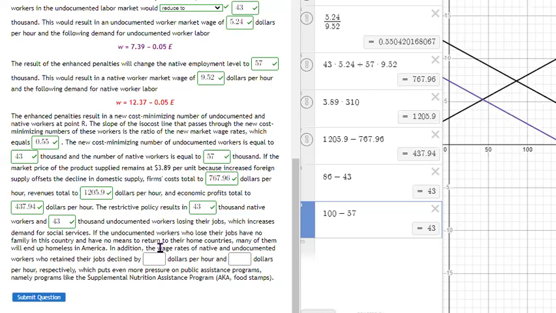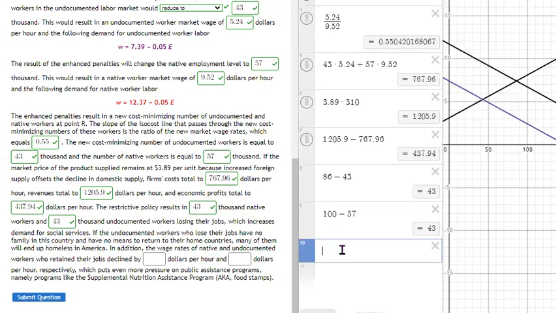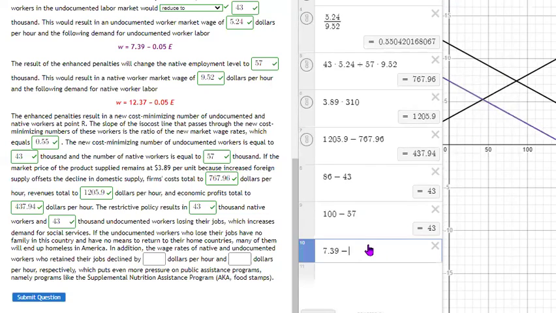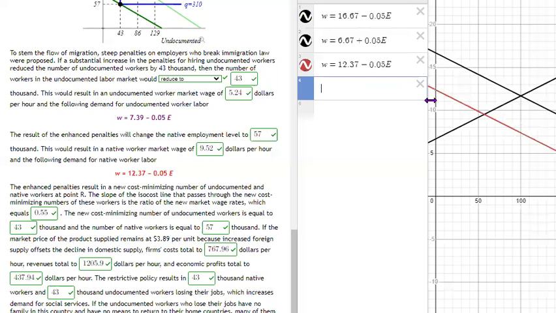In addition, the wage rates of native and undocumented workers who retain their jobs declined by how many dollars each? So the original wage for the undocumented worker was $7.39. The new wage of the undocumented worker is $5.24, so the undocumented worker's wage fell $2.15. What about the wages of native-born workers?